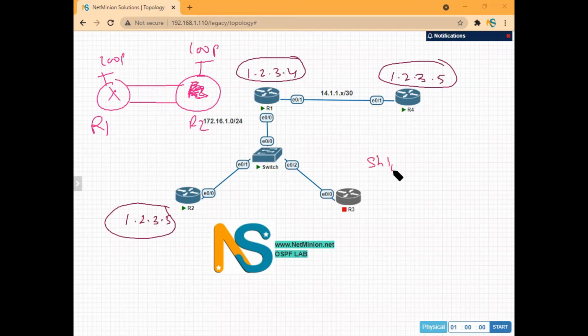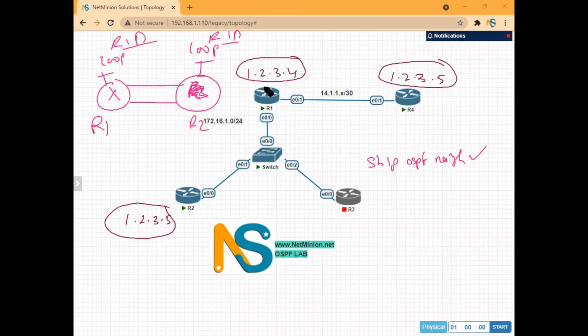If I run show IP OSPF neighbor, will the neighborship come up or not? Yeah, it will come up, even though the RID is the same.